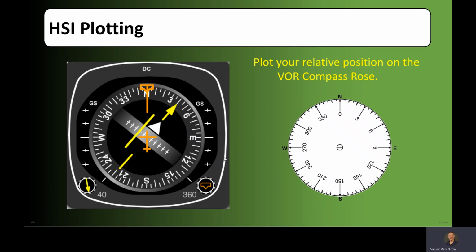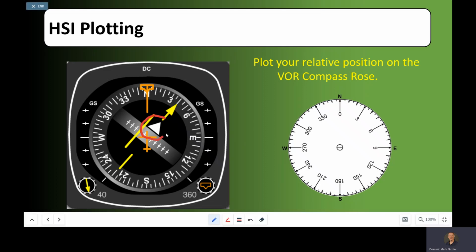So when I think about this, and this is why I emphasize with the FAA test questions, plot your position first. Okay? This is how I set up the problem. The 040 course and to the station. You see my triangle is pointing at the arrowhead there. I'm going to draw a line that represents that course.